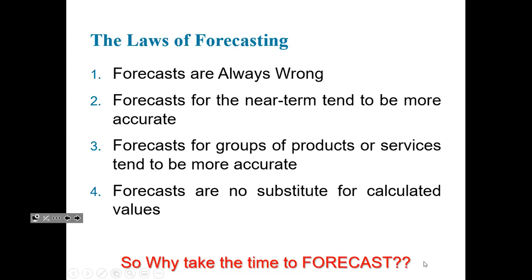Okay, so an aggregated forecast is usually more accurate than a forecast that's broken down into individual units of product that the company sells.